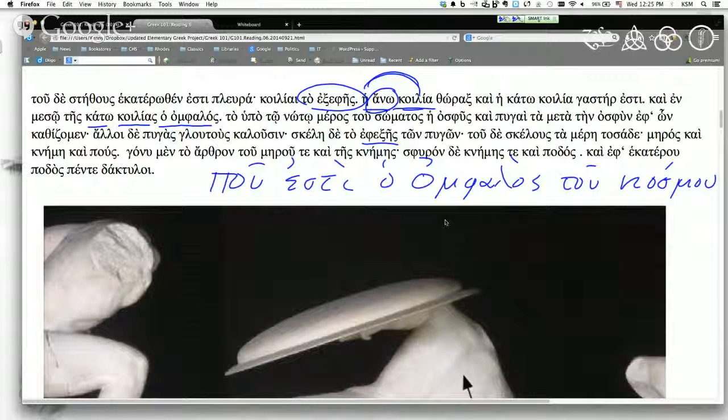Pu esta, where? Pu esta is omphalos, the belly button of the world. But you never even thought about that, right? Where's the belly button of the world?